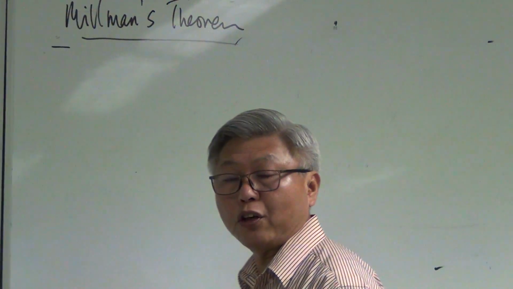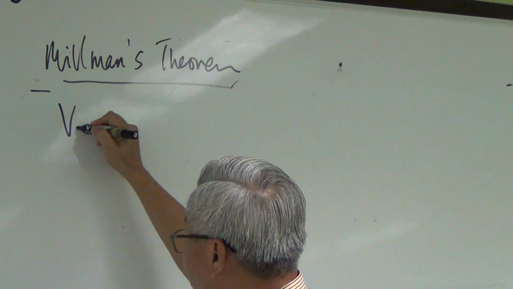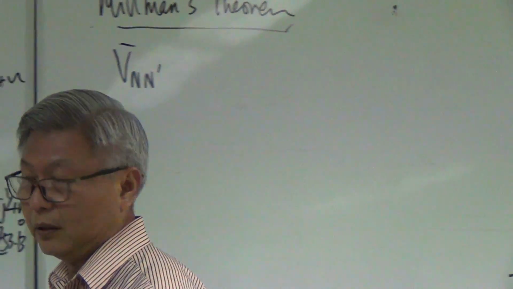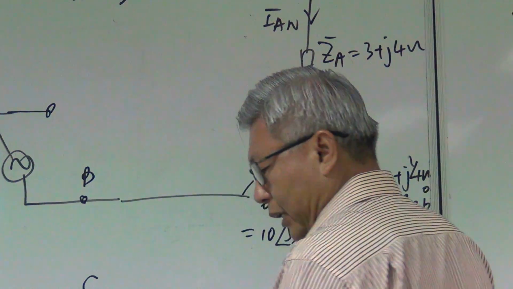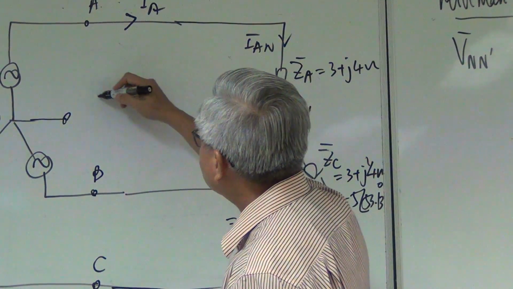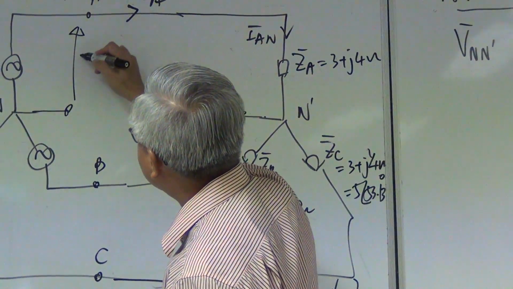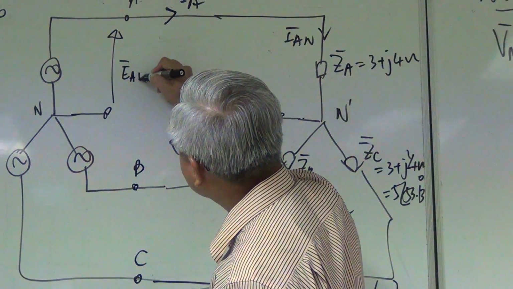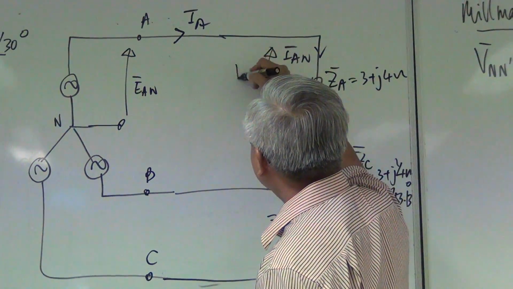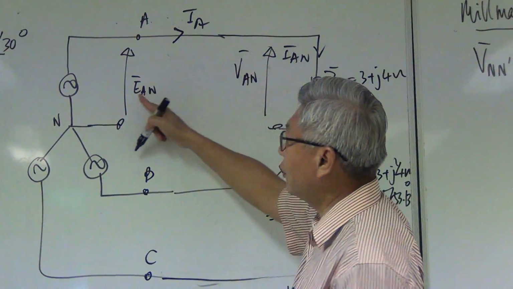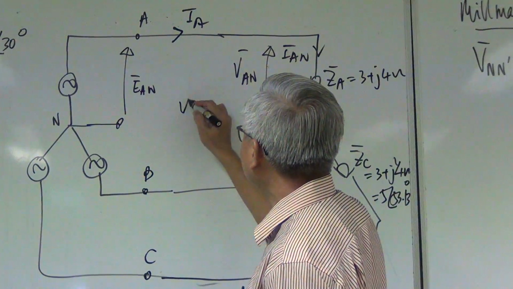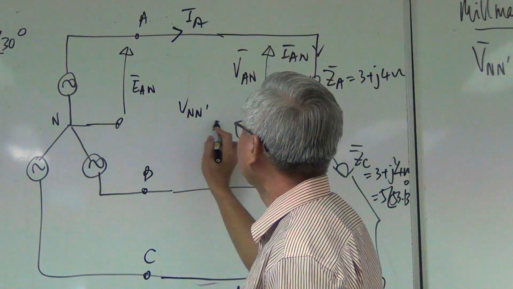Assuming that we have already gone through this tedious mathematics, we have already got this value. Then you use KVL. If you recall, here is EAN, from A to N, and here is VAN', and then here is Vnn'. Can you differentiate the capital E and the small v?